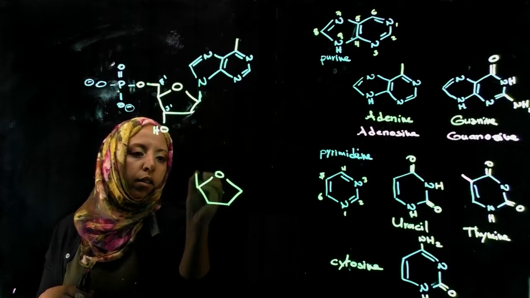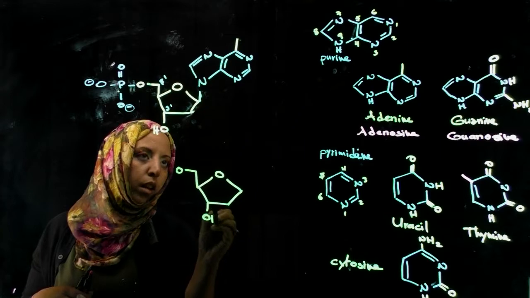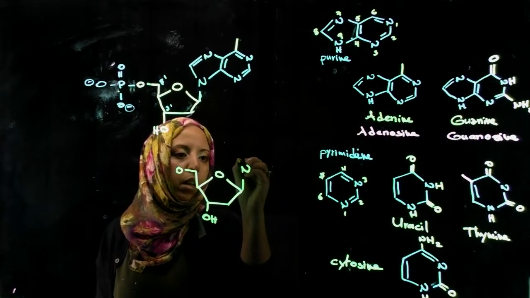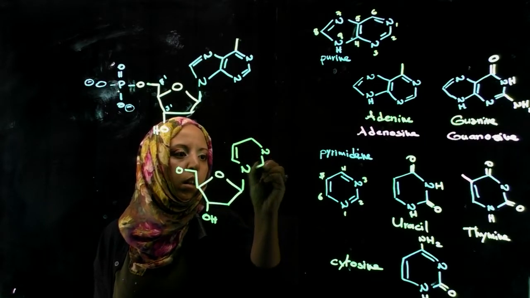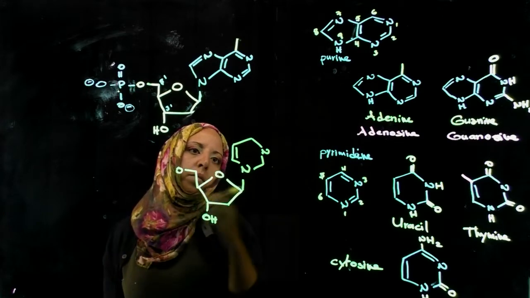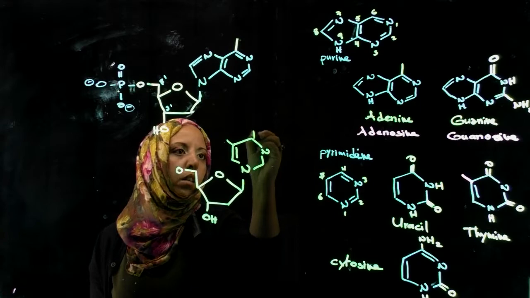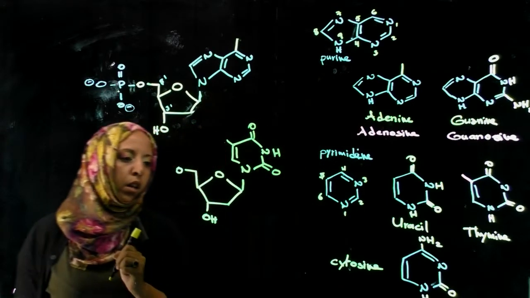Anyways, we have the sugar. We still have an alcohol group right here. And it could really be a nitrogenous base. We'll just draw one. Suppose you have thymine. Okay.